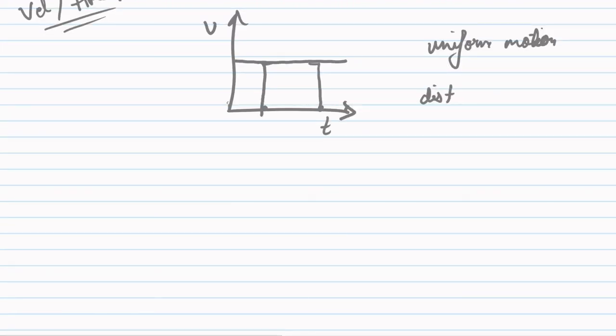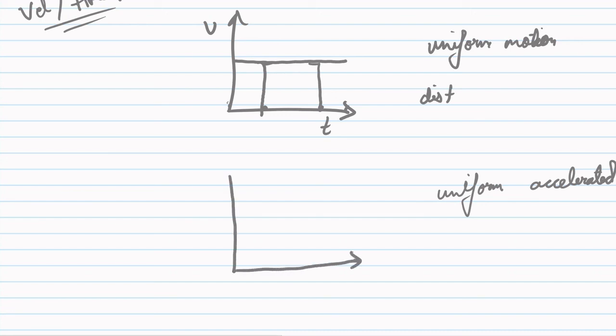The next case is uniformly accelerated motion. As we talked about it, in equal amounts of time, the velocity changes by equal amount. So it's going to be a straight line passing through the origin, like this. This is t and this is v.